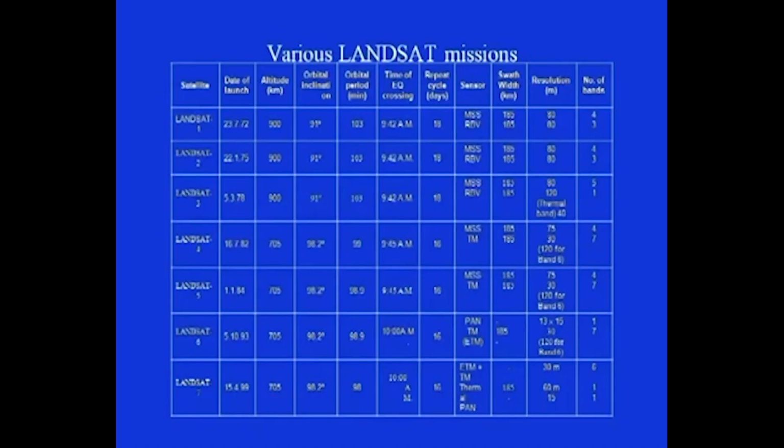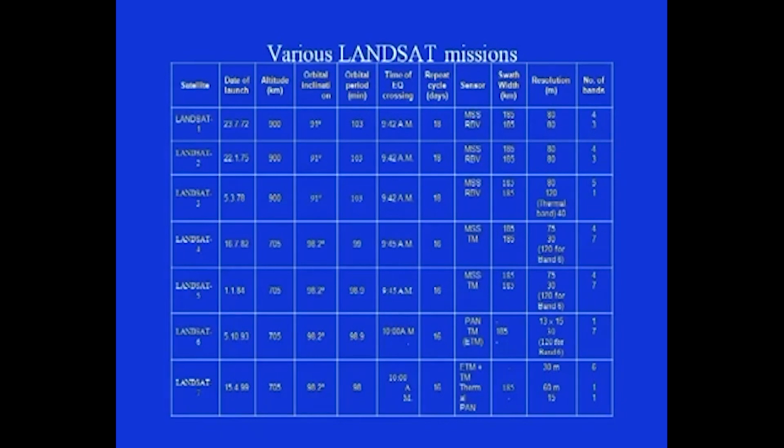The MSS had a resolution of 75 meters, whereas TM has a resolution of 30 meters, except for band number 6, where the resolution is 120 meters. The MSS has 4 bands, while TM has 7 bands.